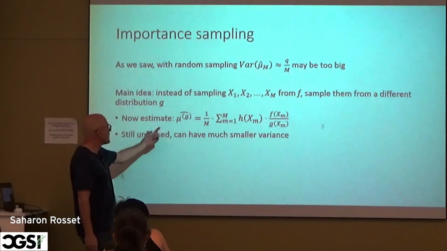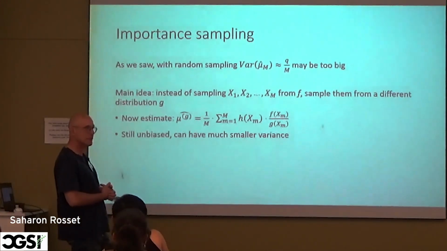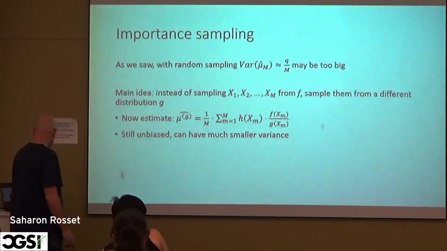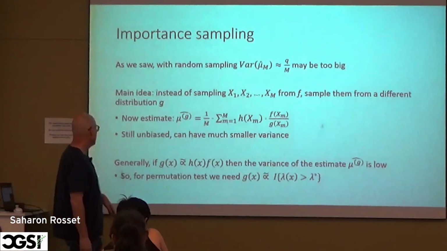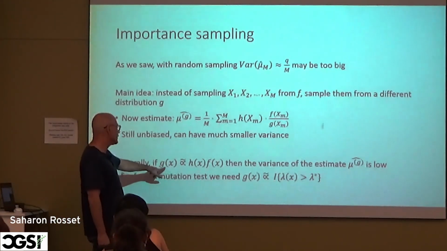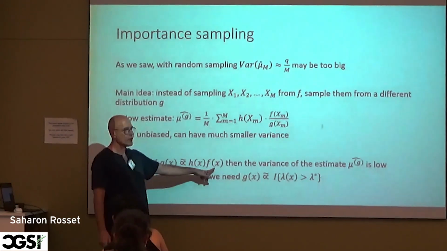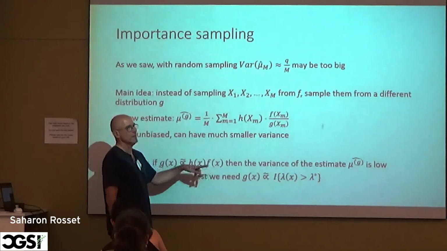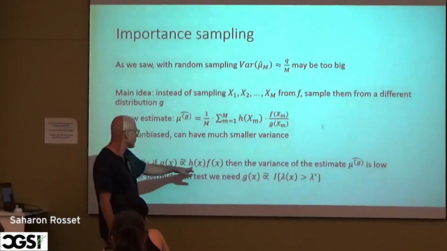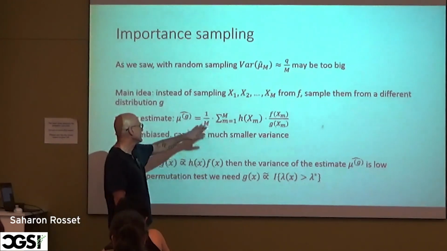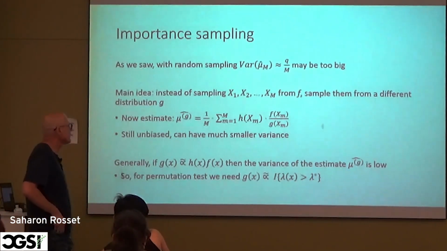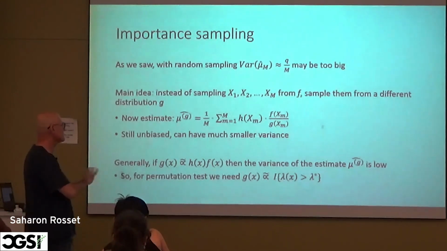It's still going to be an unbiased estimate of this value mu we are interested in, but it turns out that this can have much smaller variance. And generally, what we want to do to get small variance is we want G to look not like F, but like the product of H and F. Basically, we can show that if we can get G to be exactly the product of H and F, then that would be the most efficient thing we can do, and it would give variance 0.